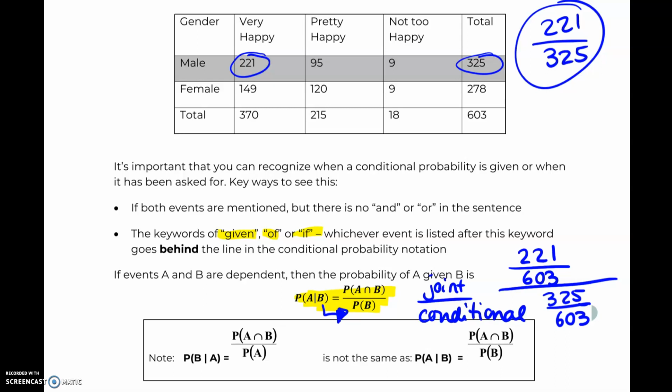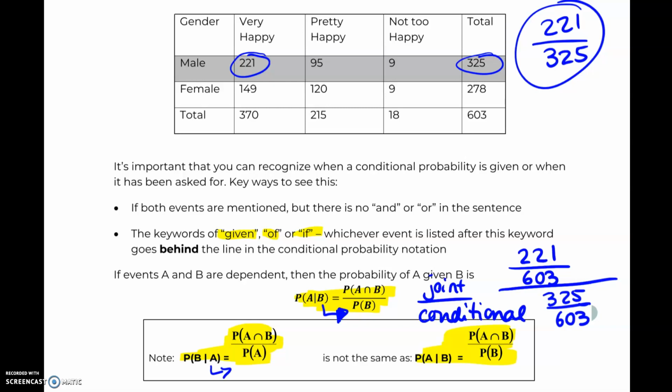It's extremely important to understand that the probability of A given B is not equal to the probability of B given A. So below that we have our two rules of B given A versus A given B. The only difference is that we are dividing by the conditional event.